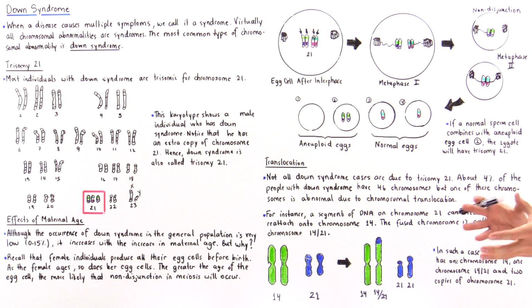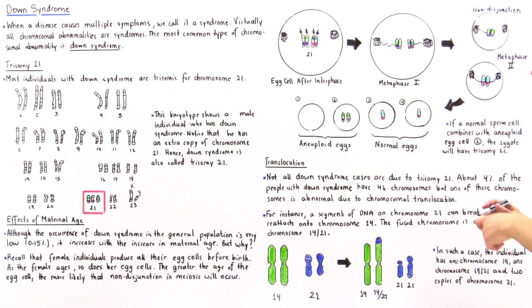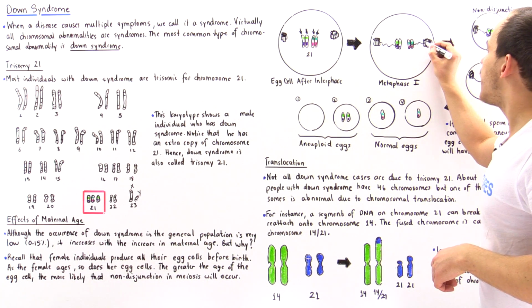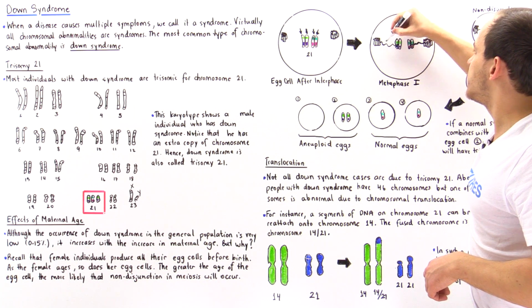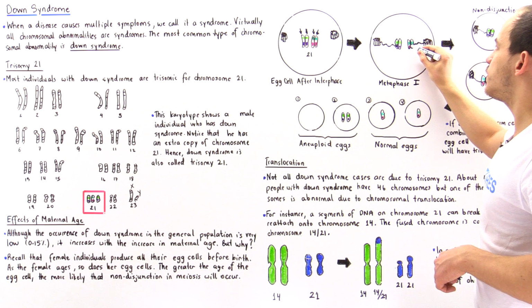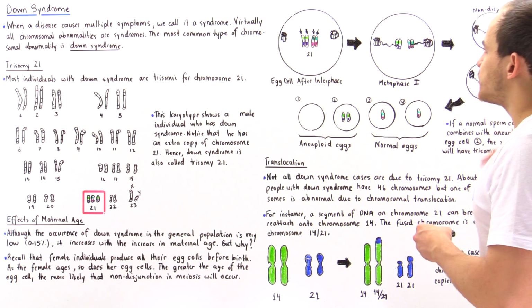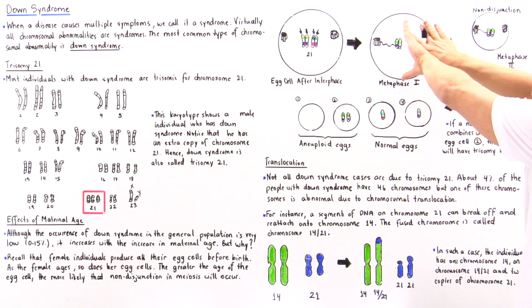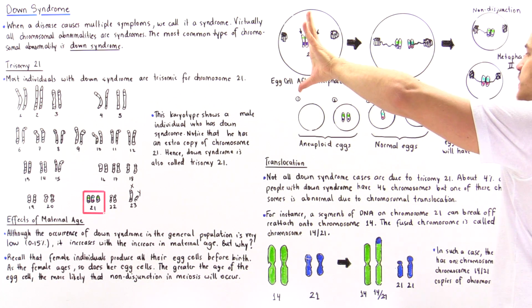Normally, we have this spindle apparatus that forms, and these fibers extend from the spindle apparatus, and these fibers should attach onto each one of these respective chromosome pairs. And during anaphase 1 of meiosis, we have the segregation, the movement of these chromosome pairs to opposite poles.